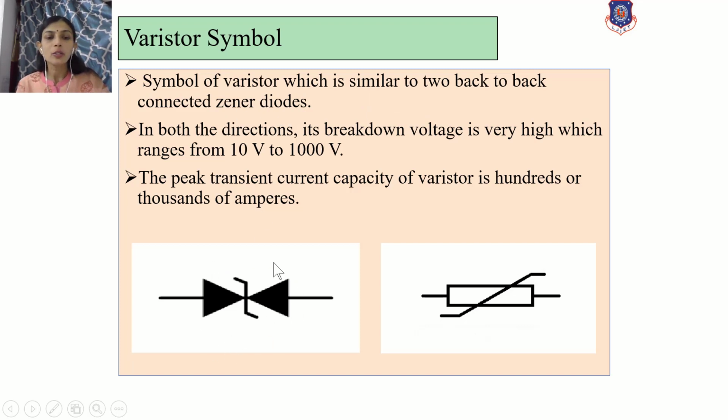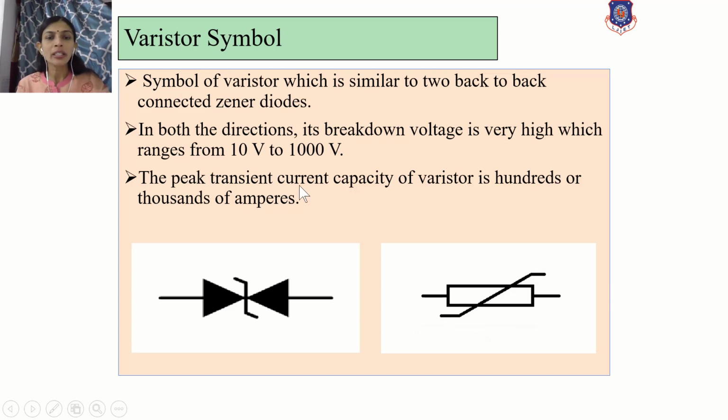Look at this, dear students, these are the symbols of the varistor. Two symbols: it can be drawn like this and it can also be drawn symbolically like this. But the main point is that it looks like two back-to-back connected Zener diodes. In both directions, its breakdown voltage is very high, ranging from 10 volts to 1000 volts.